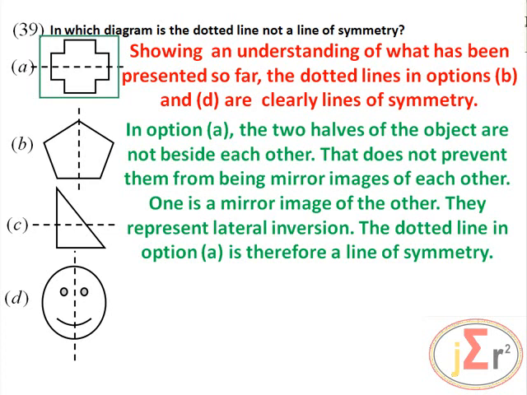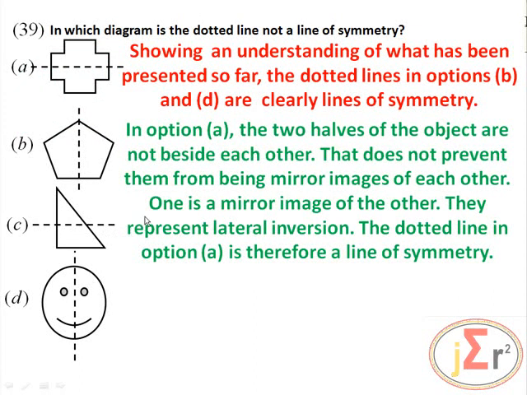There are two things that you may be able to use to clearly identify a line of symmetry. One, dividing the object into two halves. Two, the two halves are mirror images of each other. What about this? Is this dividing the object into two halves?